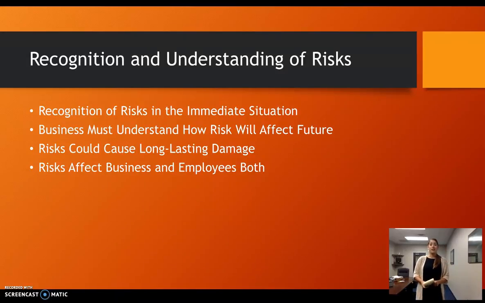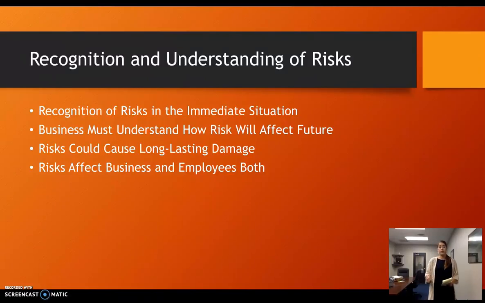Recognition and understanding of risks. The recognition of risk in the immediate system helps businesses understand how far into the risk that they are. So this helps them respond to the crisis. Businesses must understand how risk will affect their future. This relates to the business's reputation.